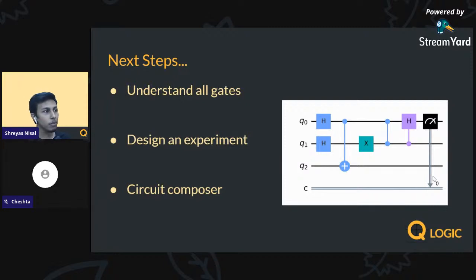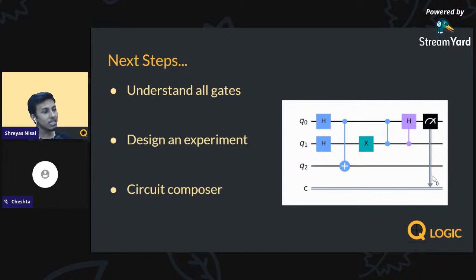The problem that I faced as a student who was just getting into quantum computing was the following. I understood some of the gates, but then I had to come up with an experiment which I could run on a quantum computer, or make a quantum circuit for.